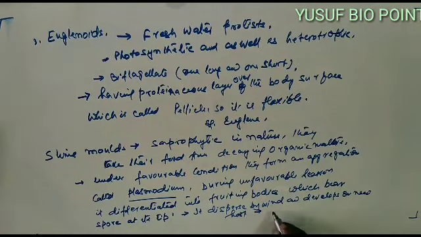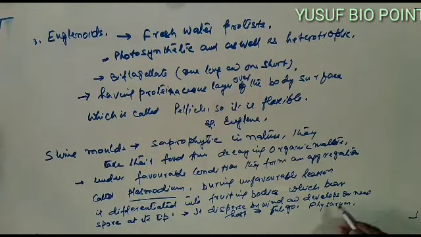Examples are Fuligo and Physarum. So it is dispersed by means of wind, and on reaching the new host, it develops. That's why the slime mold is saprophytic.